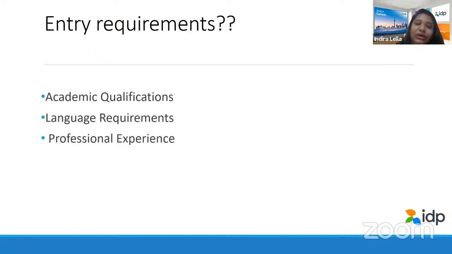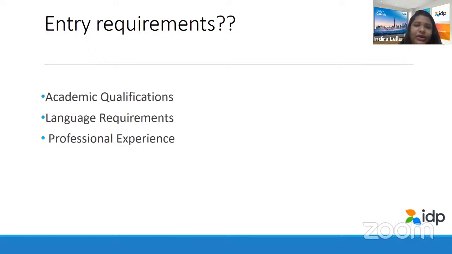IELTS is the one which tops the list for Canadian institutions. There are also other supporting language tests out there. You can also take Duolingo or a TOEFL exam, but it is highly recommended that you take only the IELTS test, because that is going to give you a lot of positivity towards your visa. Okay, so what is the requirement now?